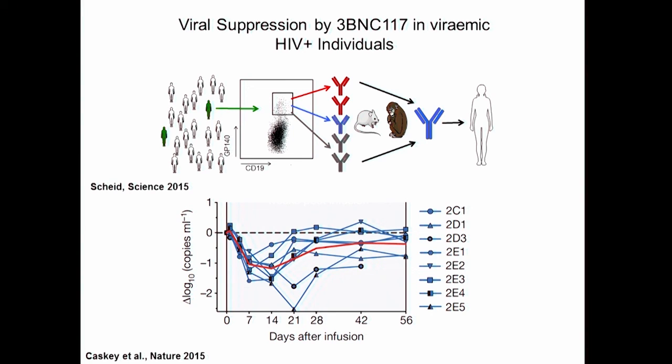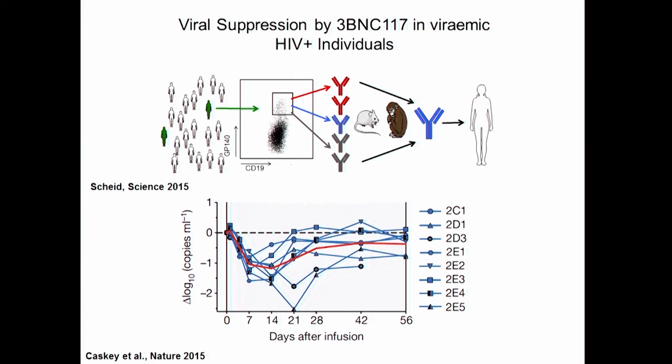As a result of that, we were able to isolate a whole group of different broadly neutralizing antibodies targeting different sites on the HIV envelope. And we were joined in our efforts by other groups such as John Mascola, of course, and Dennis Burton.